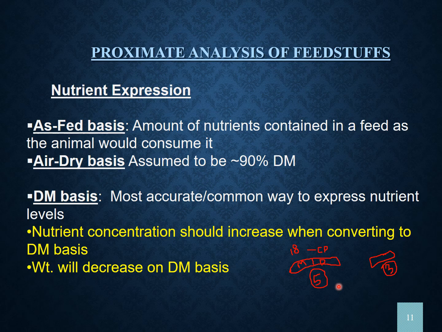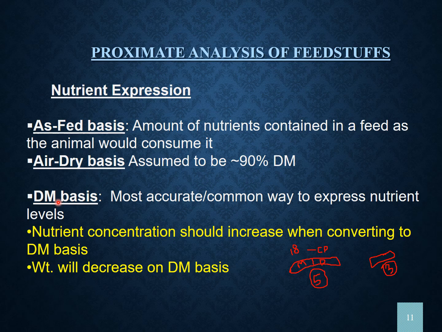Okay, so the most accurate way to express the nutrient concentrations is as dry matter basis. It's better to use the oven to dry the samples completely and remove the moisture completely before you start the analysis.